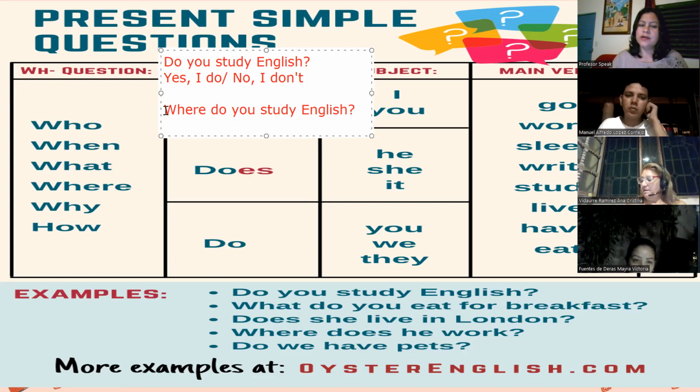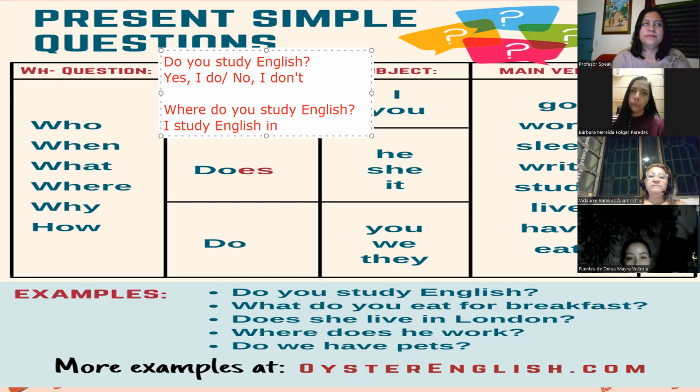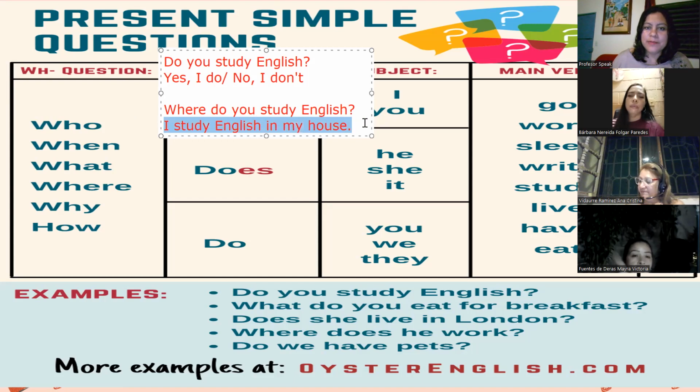What is the answer? Aquí la respuesta no puede ser yes and no. Tienen que darme una respuesta completa. So you will tell me, I study English in my house. Look at the difference, miren la diferencia.